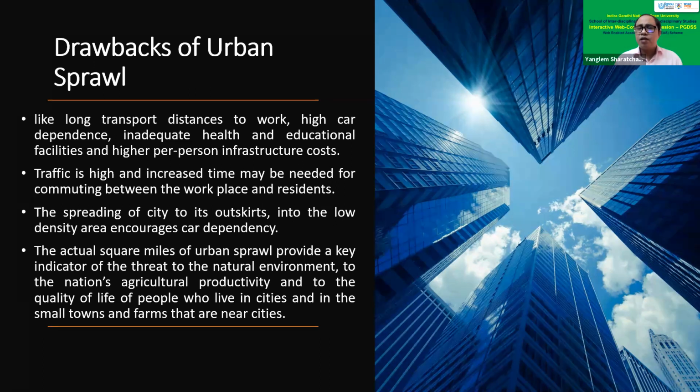Then when urban sprawl happens in an area, the land use and land cover has to change. For example, when Delhi shifted industrial areas to regions like Noida and Gurgaon, what happened?